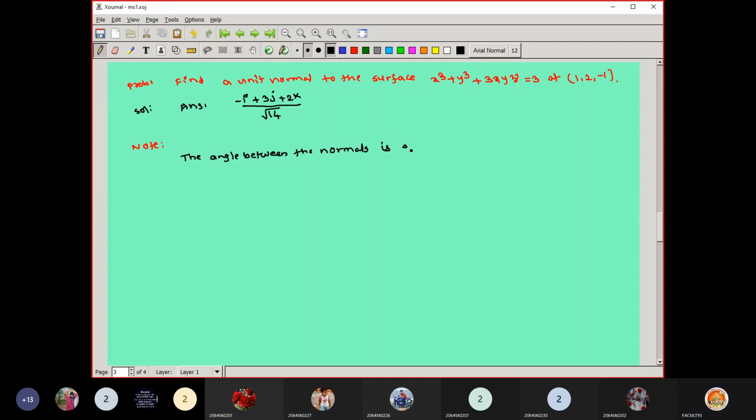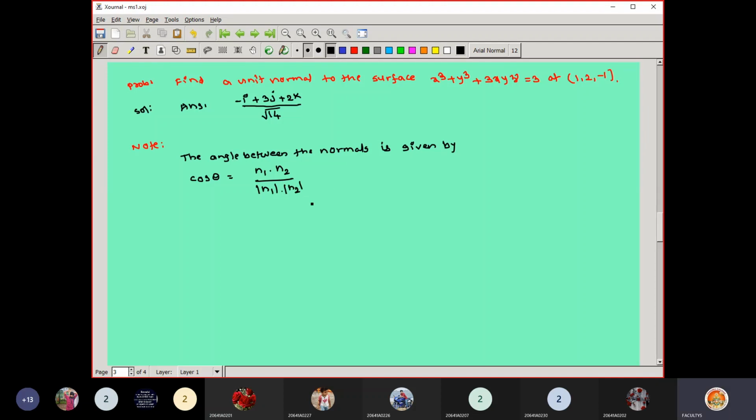The angle between two normal vectors is given by cos theta equal to n1 dot n2 divided by modulus of n1 times modulus of n2.